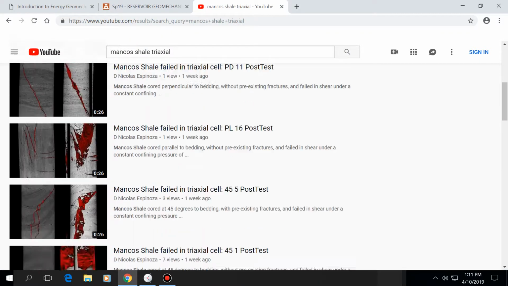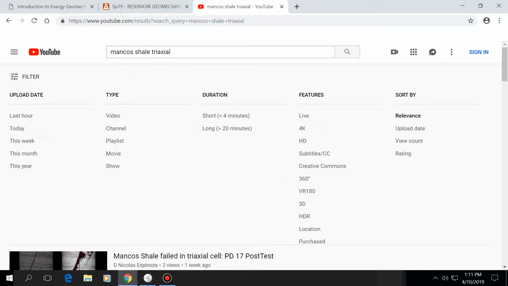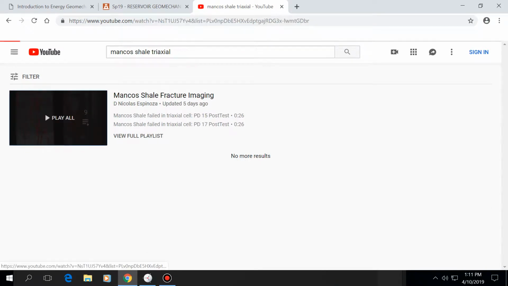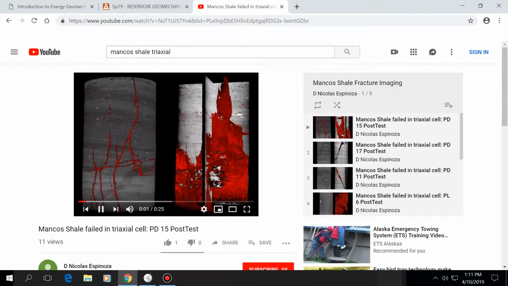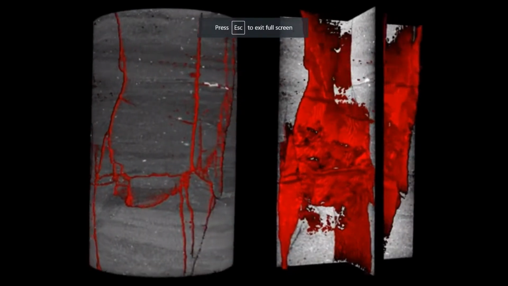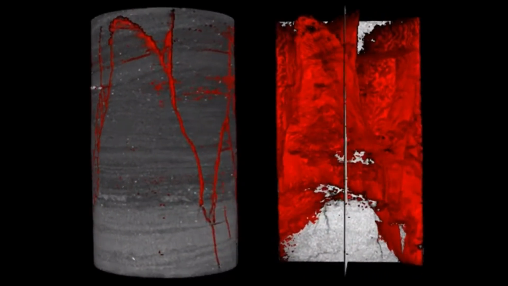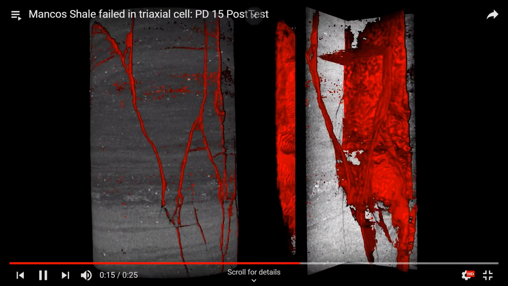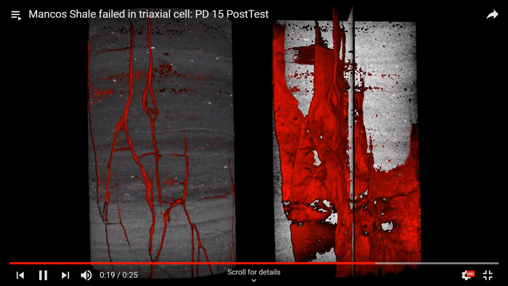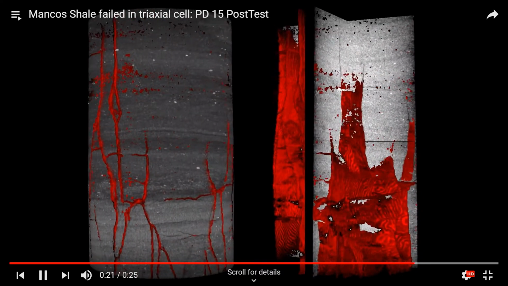Okay, so these are images of a shale where you can see the planes of lamination. This one is vertical to bedding, and it was failed in shear.